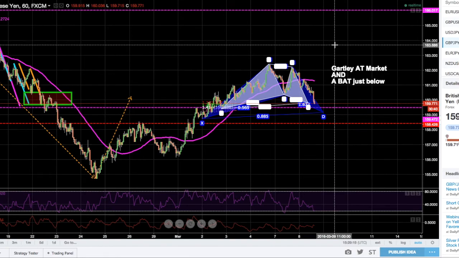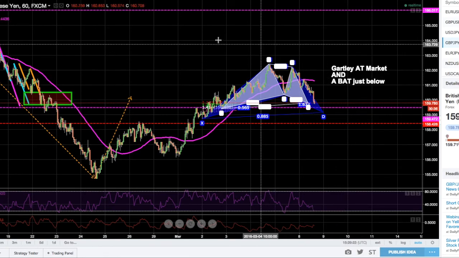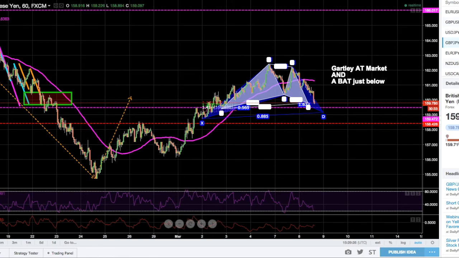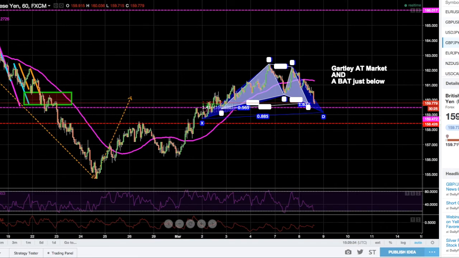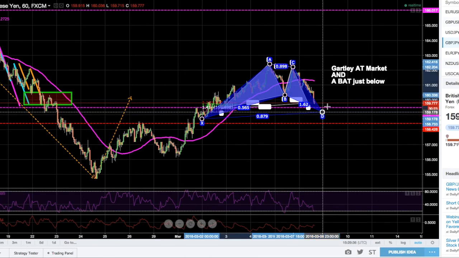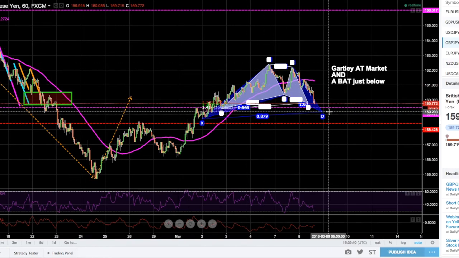So this is a Gartley at market and a bat just below. If you guys are trading the Gartley pattern, we just got long right here. If you are trading the bat pattern on this pair, you'll have to wait just a hair. We have a bat pattern completion here below.